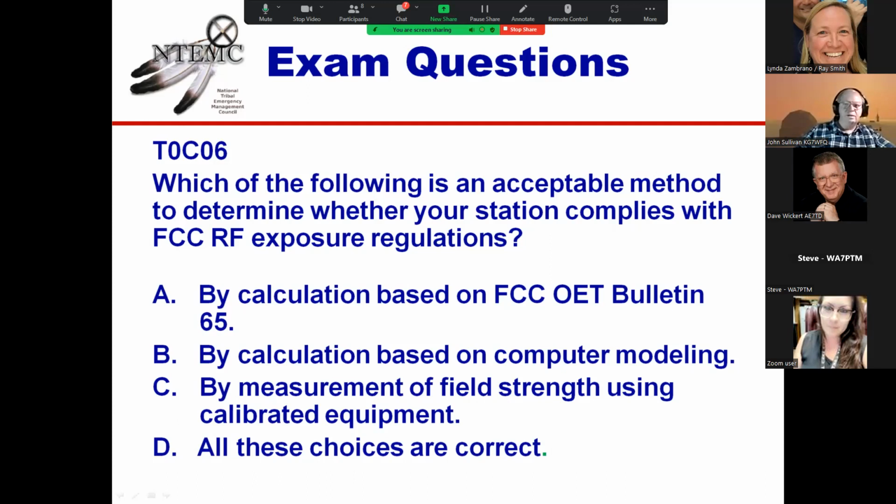You can actually do it with computer modeling based on your individual station. And you can also do measurement of field strength with equipment. You can measure the actual radiation at different distances from the antenna. So actually all of these are correct. And this is probably something you're just going to have to remember. Not sure there's a good way of memorizing it other than memorizing it.